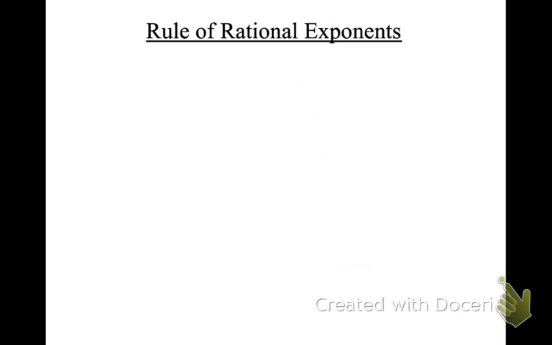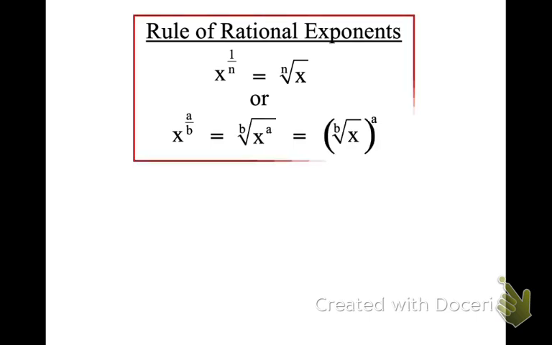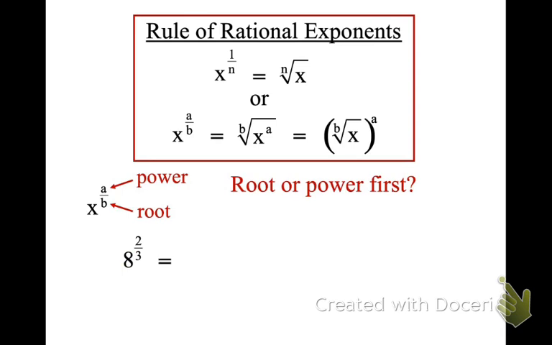All right, so again, rules of rational exponents. Remember, the denominator is our root and the numerator is our exponent. So let's try doing 8 to the 2/3 power. We can do it in two ways, it doesn't matter. I can do the cube root and square.